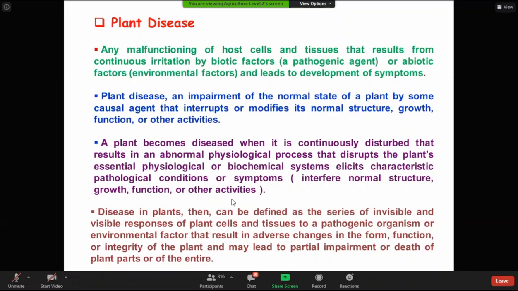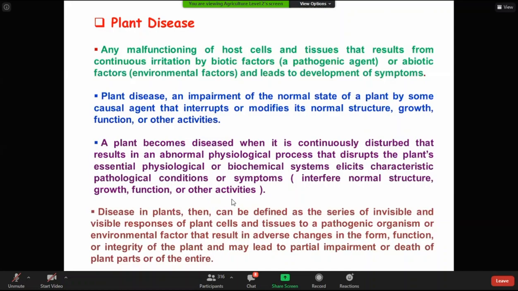So from these four definitions, you can say that any morphological and physiological deviation of plants due to continuous irritation or infection by biotic and abiotic factors is called plant disease.